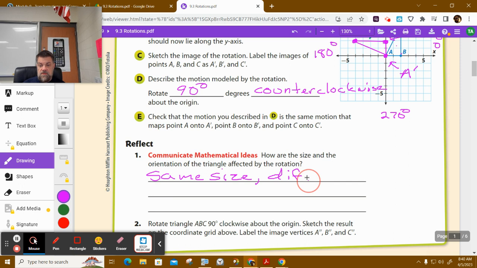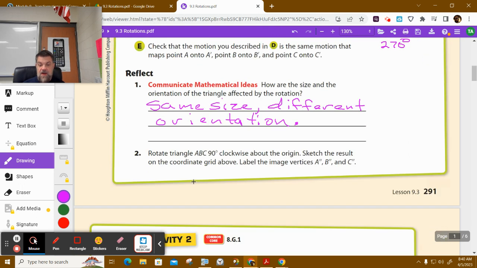Different orientation. Oh, I almost misspelled the word orientation. See, you guys want to catch me making a mistake. It won't happen. Yeah, it will.